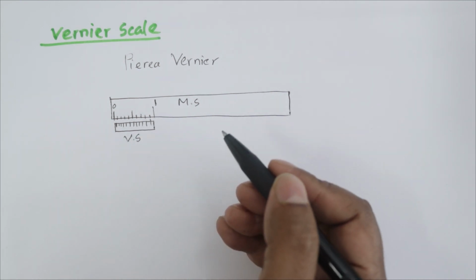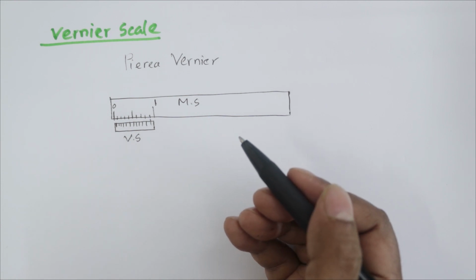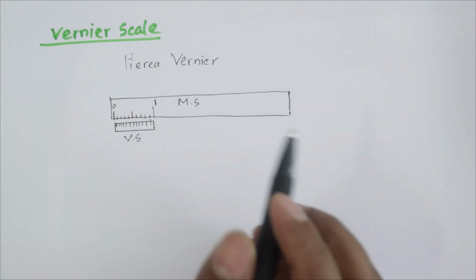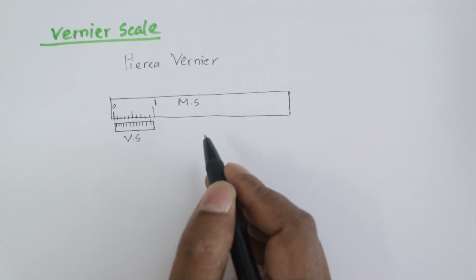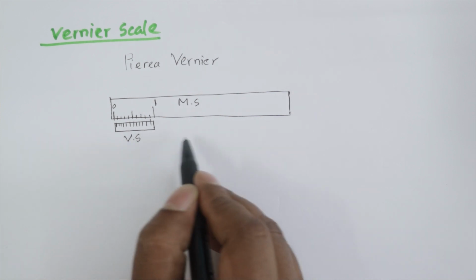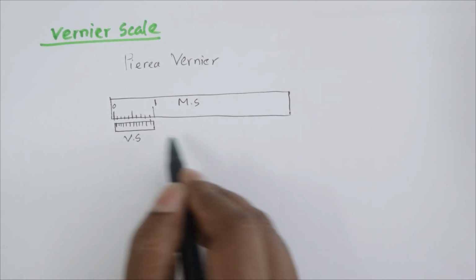By using vernier scale along with meter scale, fractions of a millimeter may be measured accurately. The vernier scale can be moved forward and backward, in both directions along the main scale.